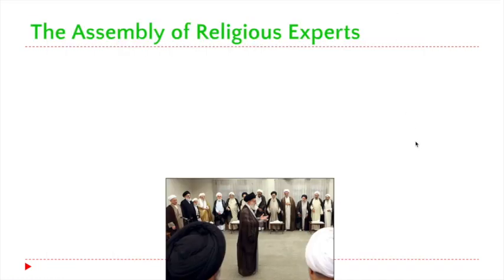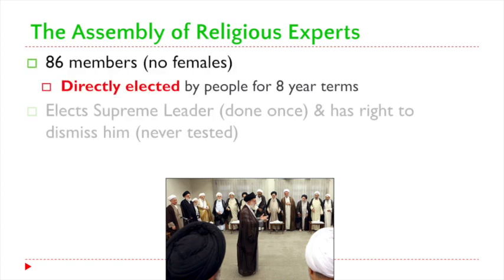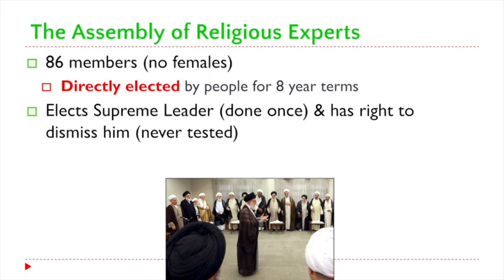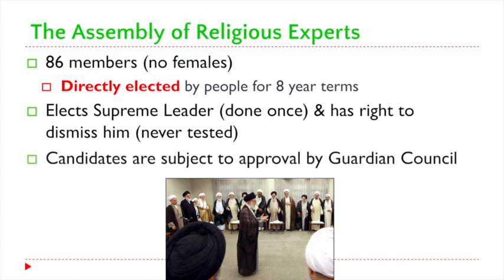Let's move forward to the Assembly of Religious Experts. So it's another theocratic element of Iran's government. I've already mentioned them numerous times. They are a group of clerics that choose the Supreme Leader. And they do have the right to dismiss the Supreme Leader. They just never have done this. Now, this is an important position to be elected into because at some point the Supreme Leader is going to possibly need replacing.